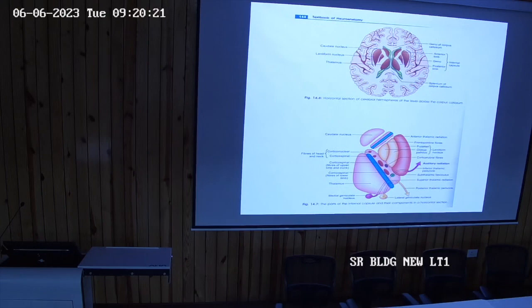Globus pallidus is the only efferent. And the putamen, that is this part, is the afferent.